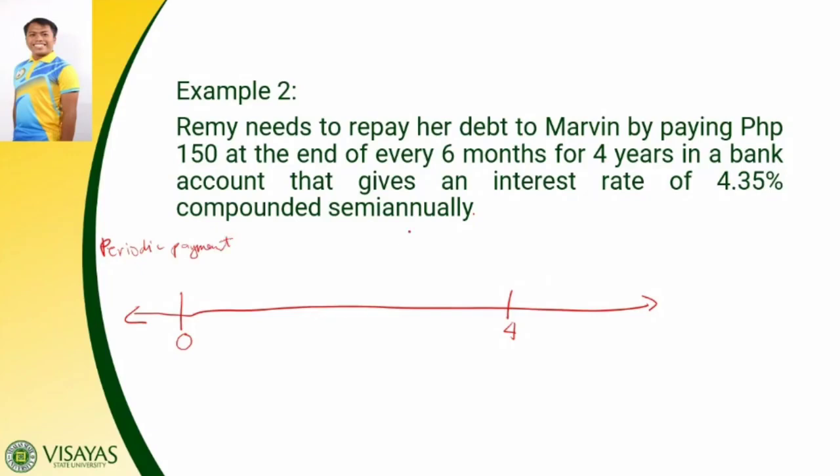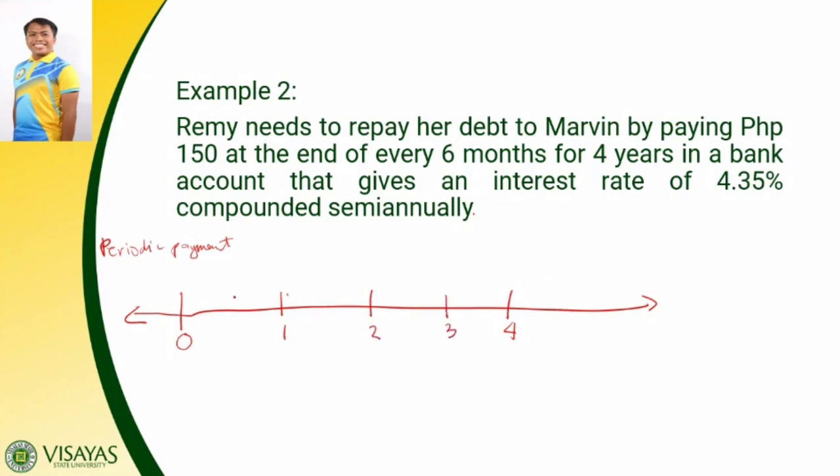Marvin will be paying an amount of 150 pesos. We divide it into terms. This is 1, this is 2, and this is 3, and here is 4.